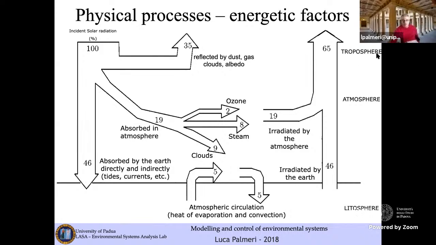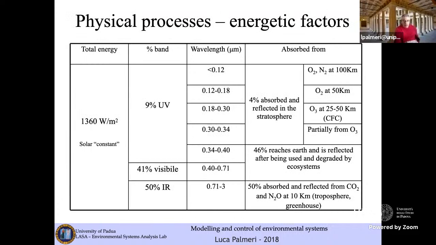So if you take the 65% that is emitted by the atmosphere into the troposphere, plus the 35% that is immediately reflected, then you have 100% of this energy. So the solar constant is 1360 watts per square meter. We have different types of transformations.